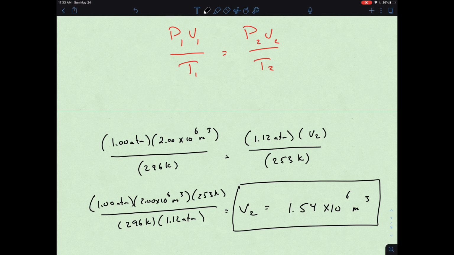So those are all the simple gas laws. We have the pressure-volume relationship with Boyle. We have the volume-temperature relationship with Charles. We have the pressure-temperature relationship with Amontons. And we have Avogadro's relationship between volume and moles. And then lastly, in this example, we have the combined gas law expression. Notice in all of these, we had to keep certain things constant in order for these simple expressions to work.